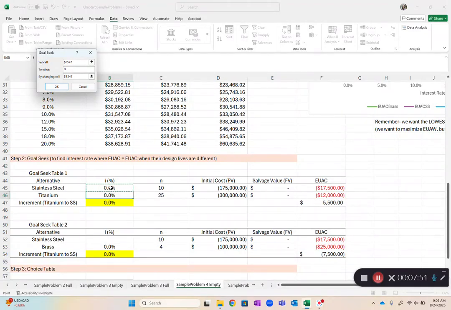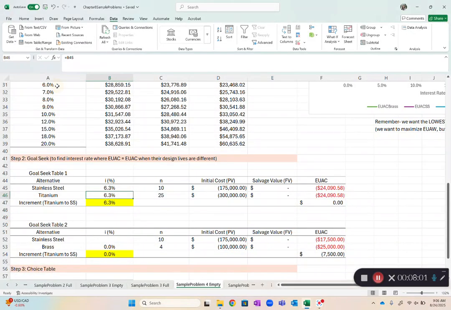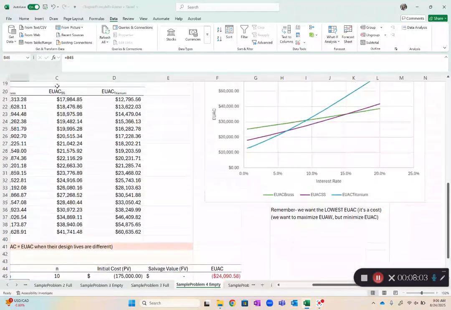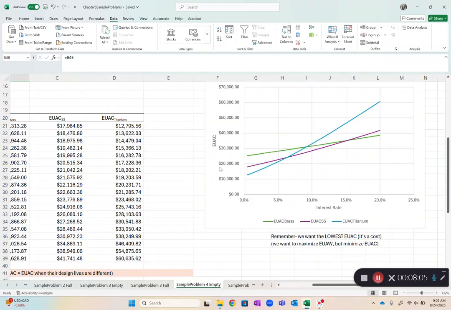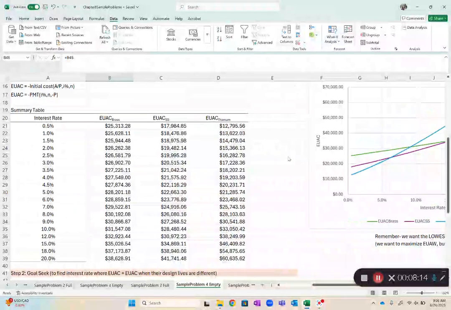Remember, the 2 interest rate cells below it are both referencing cell B45. As I run that, I get 6.3. So now we can come to our graph and say that line equals that line at 6.3. That makes sense. I can use a gut check and say that looks about right.